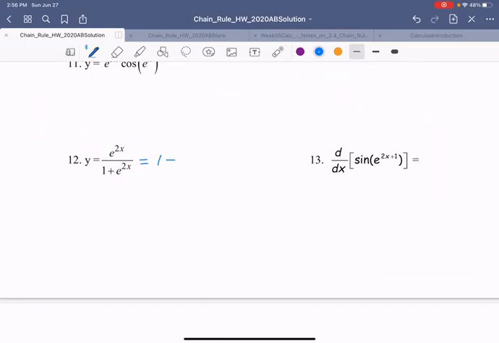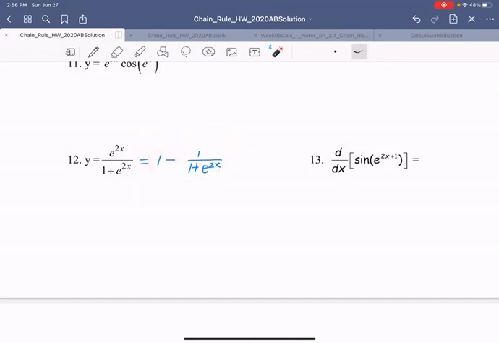I change this to 1 minus 1 over this. Look, 1 minus this is the same as this, because this guy can be read as 1 plus e to the power 2x over 1 plus e to the power 2x minus 1. This canceled. So they are equal.